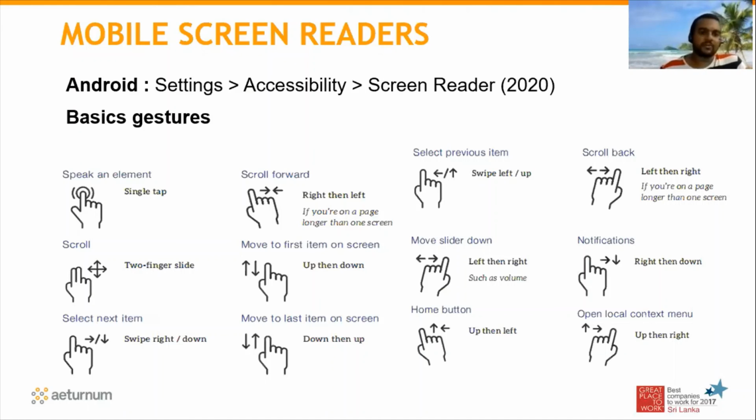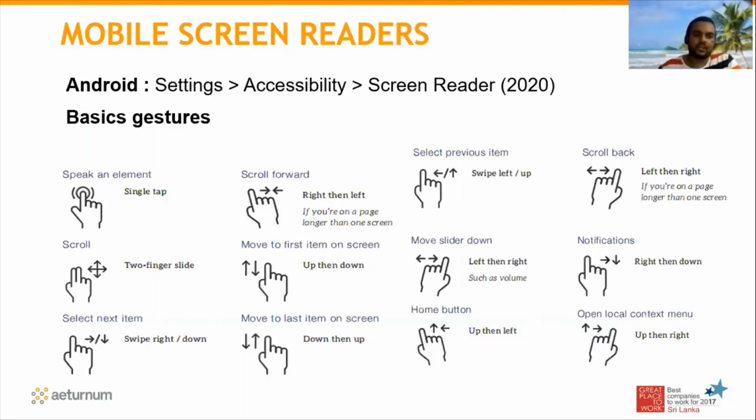And if you enable accessibility, we have to use gestures in order to navigate through the applications. It's a little bit different between a regular user using the application and a person with a disability using it, because that person is using gestures once accessibility is turned on.